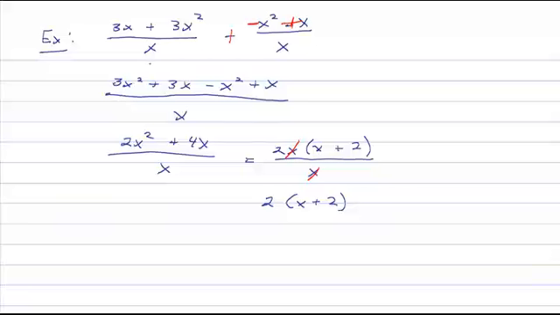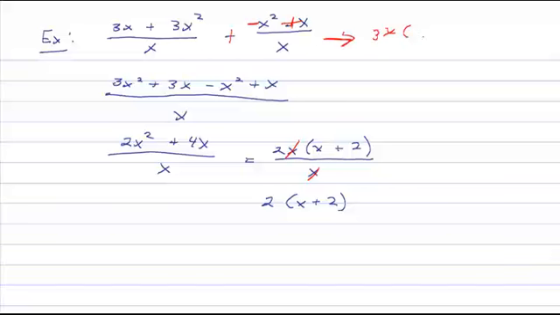Now, in this problem, actually, both expressions could have been simplified in the first place. Let's take a look at that. I have a common factor of x in this expression. So if I factor that out, I'm left with 3 plus, oh, actually I have a common factor of 3x.